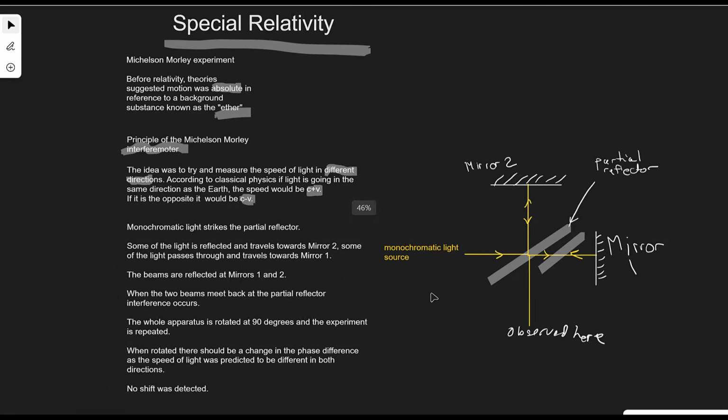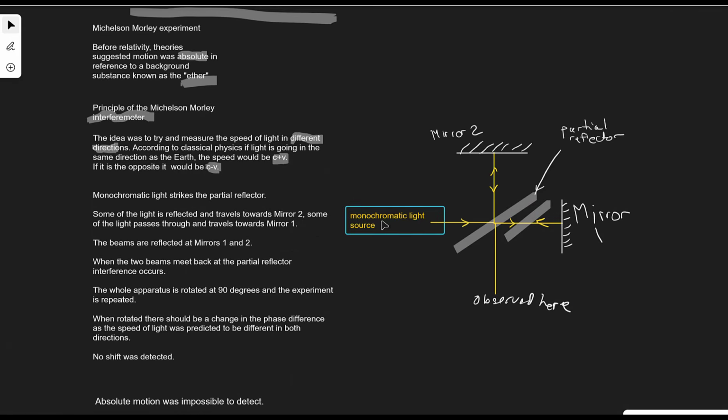Now here is the principle. We have some monochromatic light which strikes a partial reflector. A partial reflector just simply means that it's a mirror that has been partially silvered. Now this splits this beam here into two. It splits it into this beam here and then into this beam here.